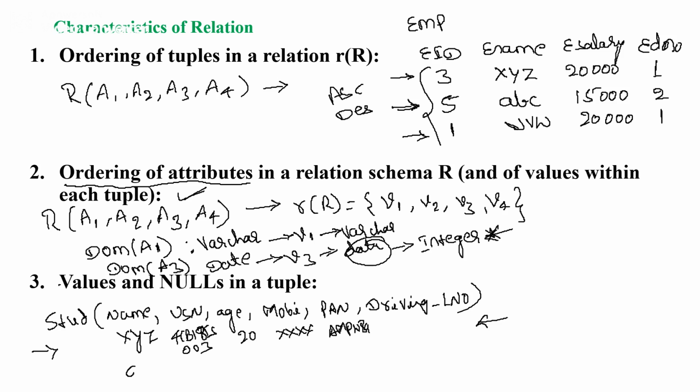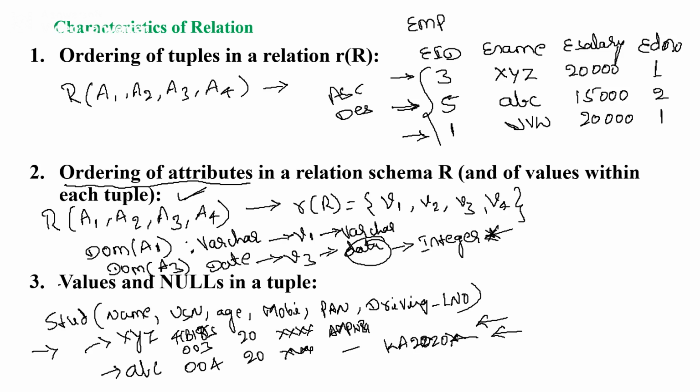When we move to the next tuple, that student has a mobile number, but doesn't have a PAN card number; he has a driving license number like KA 20 followed by the license number.